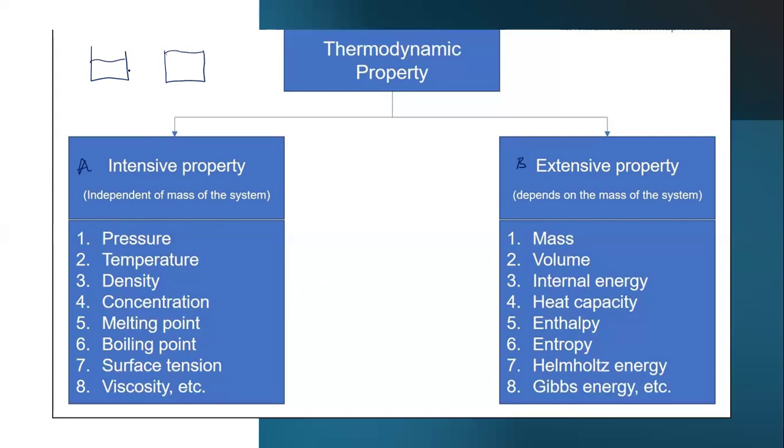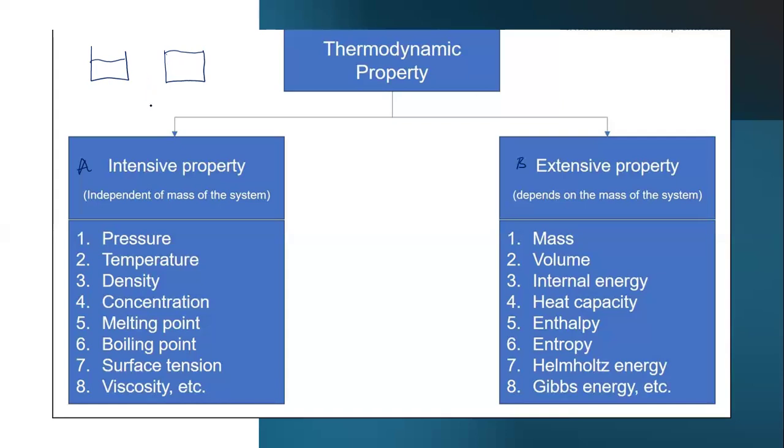These two liquids can have the same temperature, but the matter inside of this beaker and the matter inside of this beaker is not the same. We have more liquid this side, less liquid this side, but the temperatures are the same.